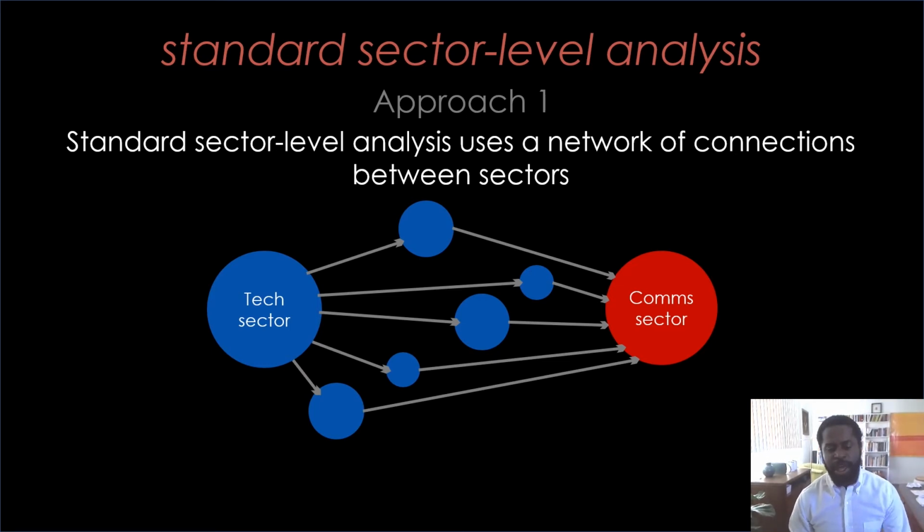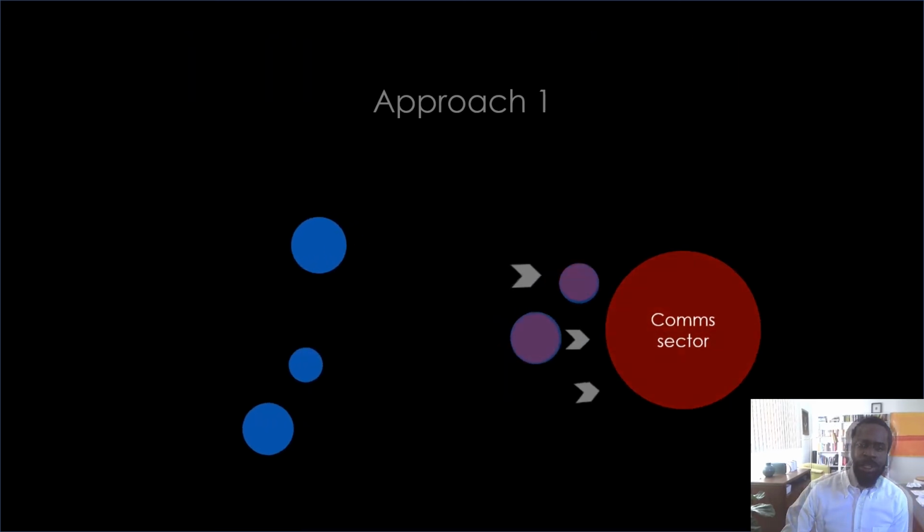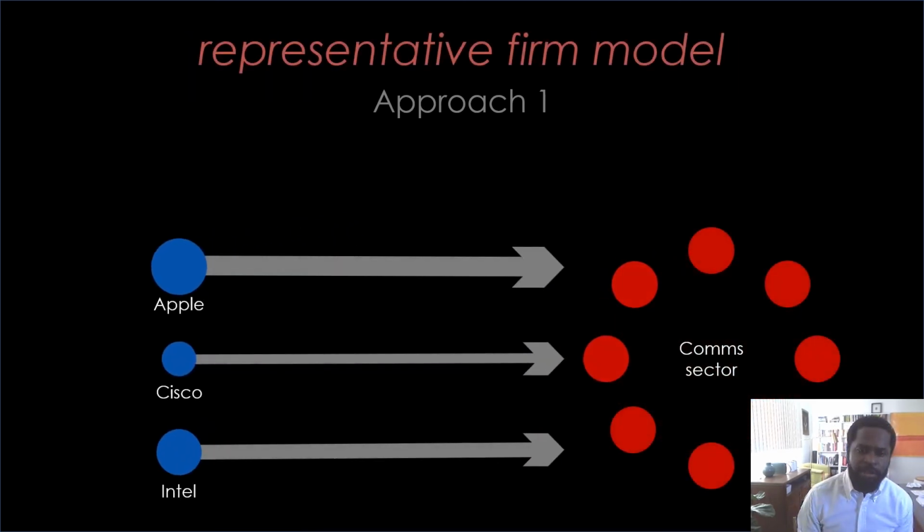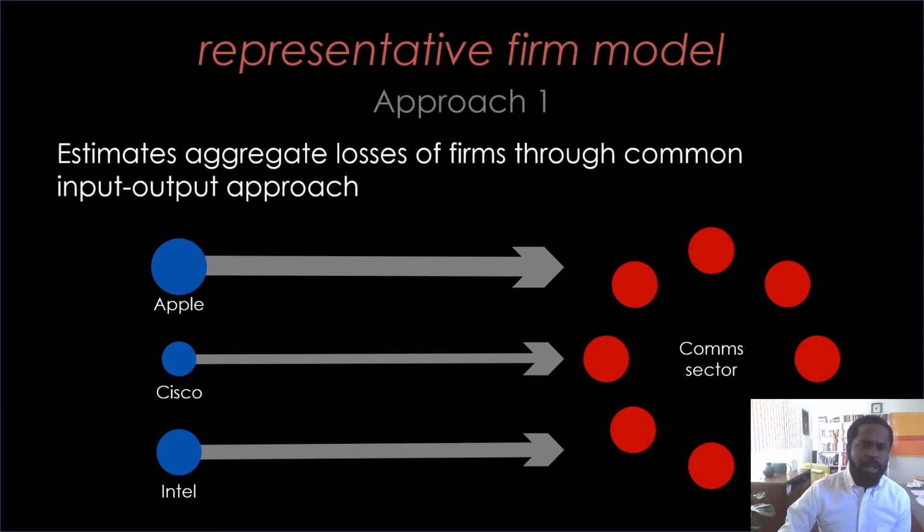Essentially that whole approach, with that matrix W, says here are the flows that go from the tech sector to the communication sector and are used as inputs to their production. But in reality, there are different firms. And we really want to understand, if there's a cyber attack on one firm, what's the total effect? So we need to get down to this firm level. So this is our first approach, which is all about estimating the aggregate losses of firms through this common input-output structure.